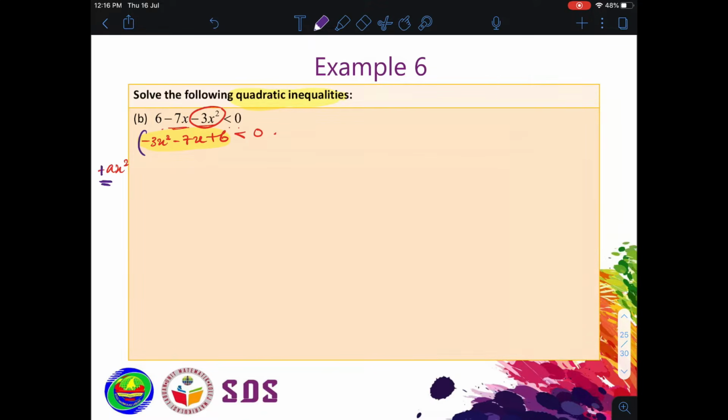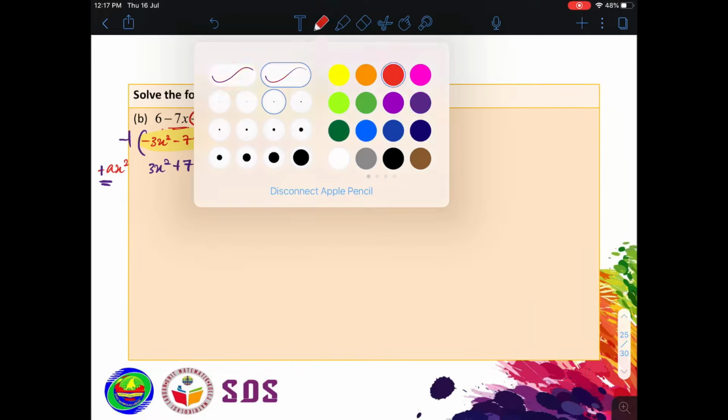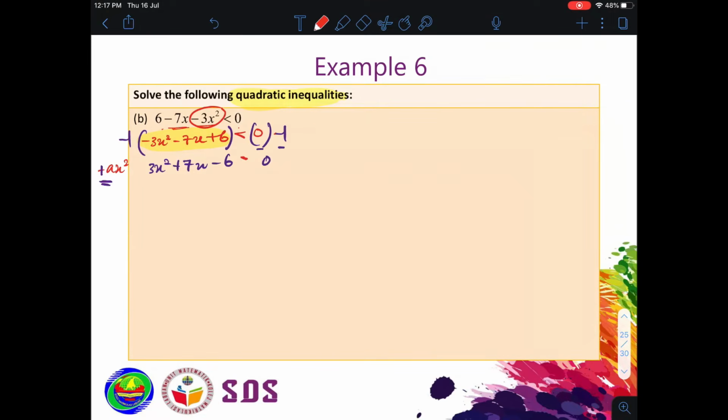By multiplying both sides by negative 1. Therefore we will get 3x squared plus 7x minus 6, and 0 times any number will give you 0. But if you change the sign, you will also change the symbol.